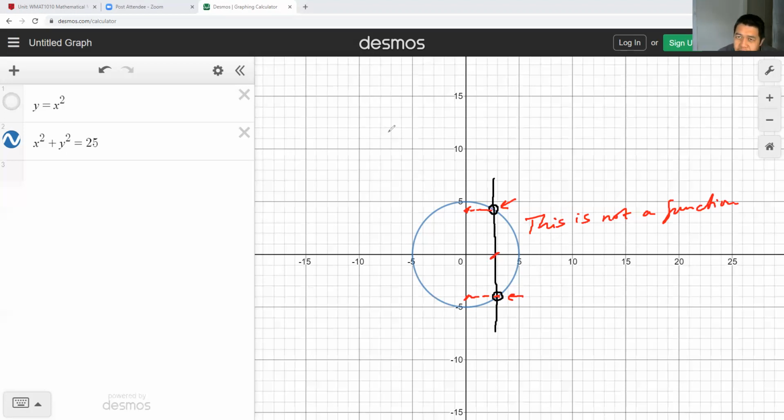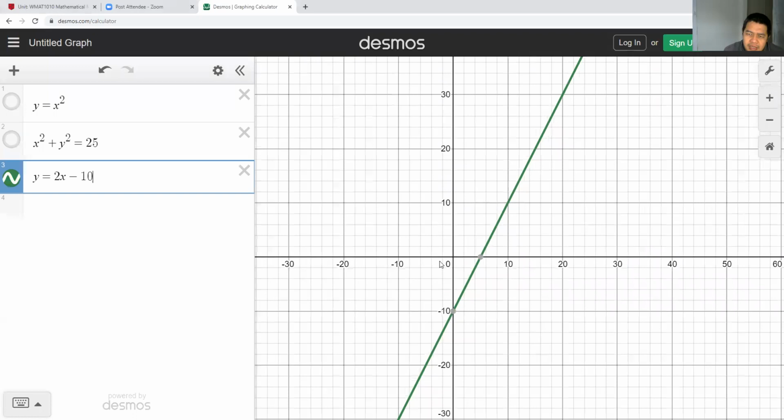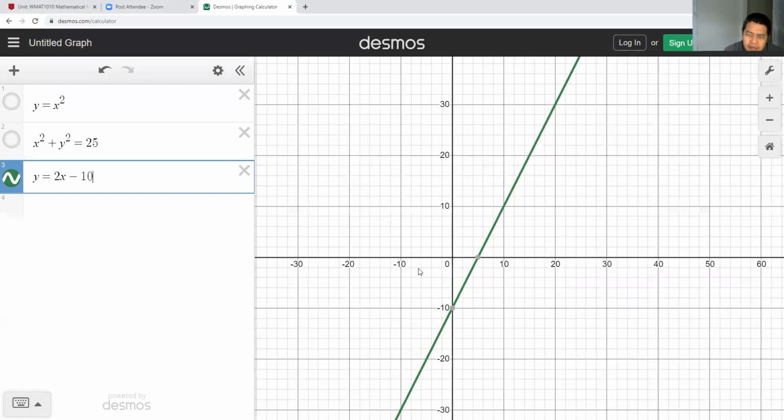Now let me give you another example. For example, if I have just the straight line equation like this one, y equals 2x minus 10, is this also a function?